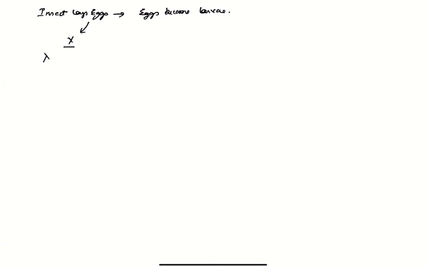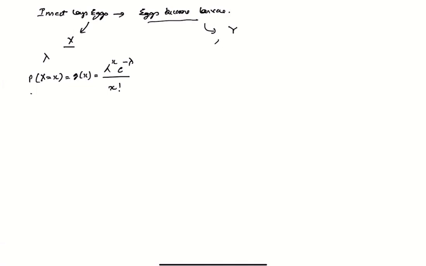So the probability that X equals x is going to be g of x. This is going to be lambda^x e^(-lambda) over x factorial. So that's the Poisson distribution. But X eggs then become larvae, but only some of them become larvae.